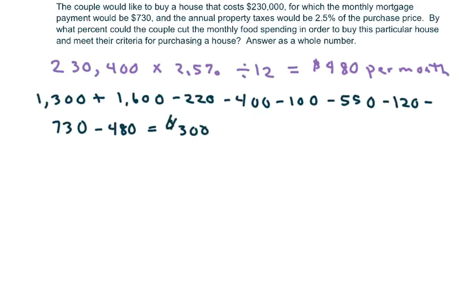So they have $300 extra here. That means they can save $300 each month.